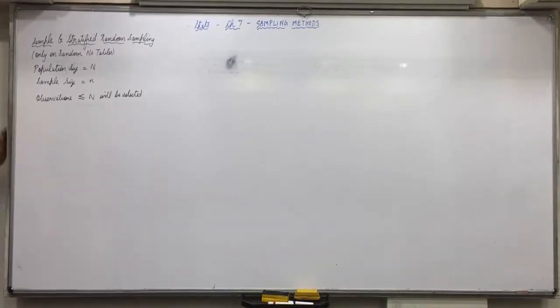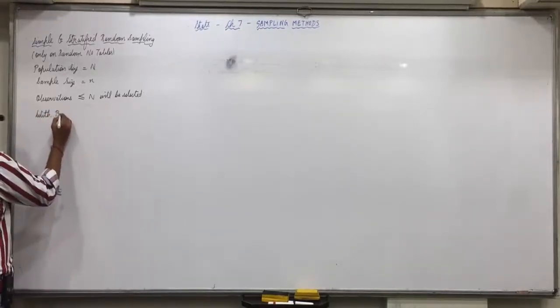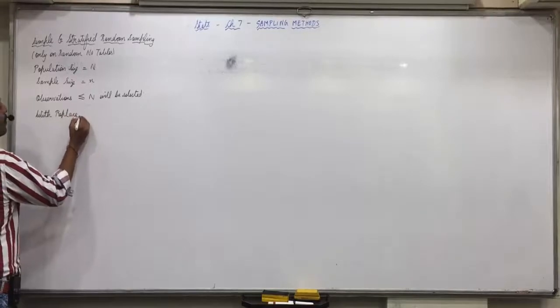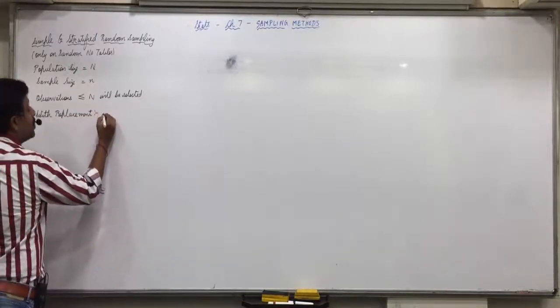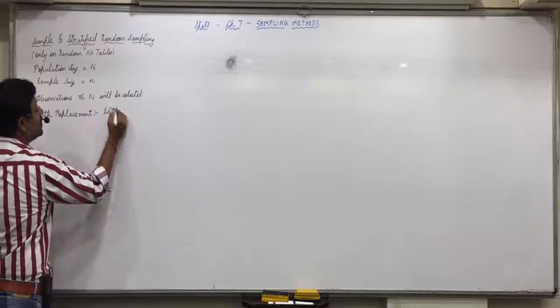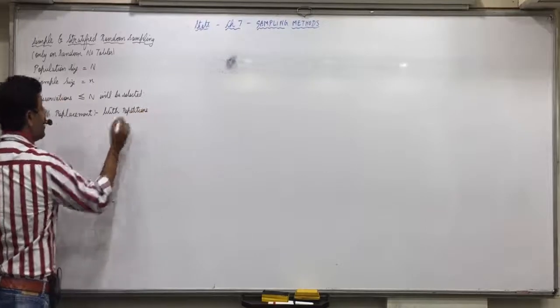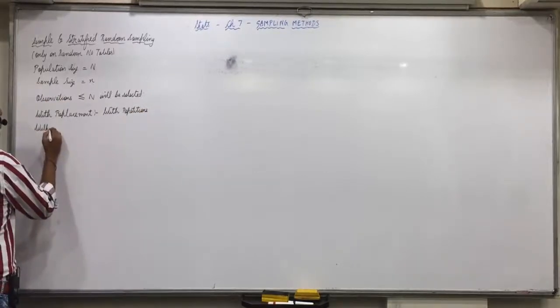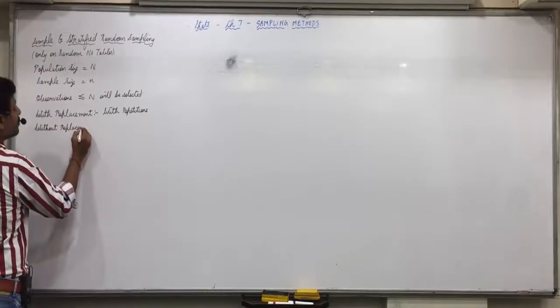And further, if it is given, do the selection with replacement. With replacement means repetitions are allowed. So you remember it this way. With replacement means with repetitions. And if it is without replacement, then without repetitions.